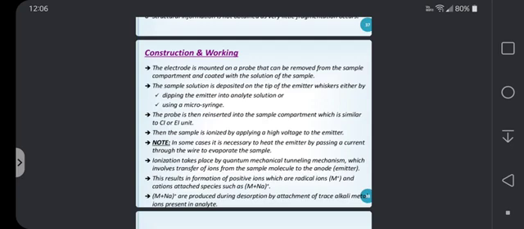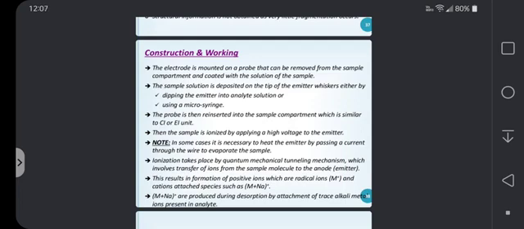Then the sample is ionized by applying a high voltage to the emitter. In some cases, it is necessary to heat the emitter by passing a current through the wire to evaporate the sample. The ionization takes place by a quantum mechanical tunneling mechanism, which involves transfer of electrons from the sample molecule to the anode.